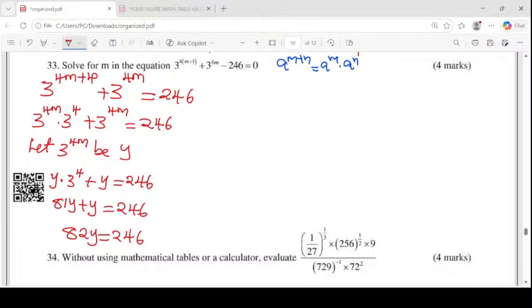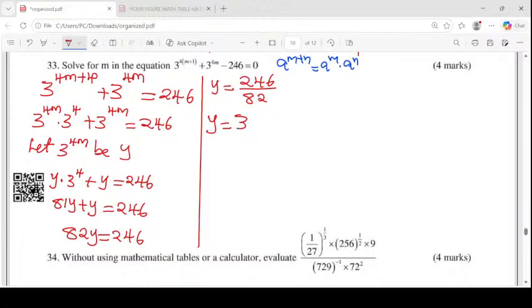So y will be equivalent to 246 divided by 82. When you divide 246 by 82, you exactly get 3. The value of y is 3.